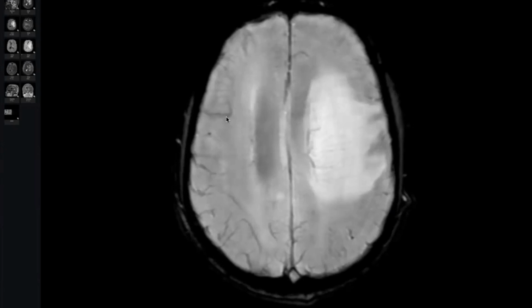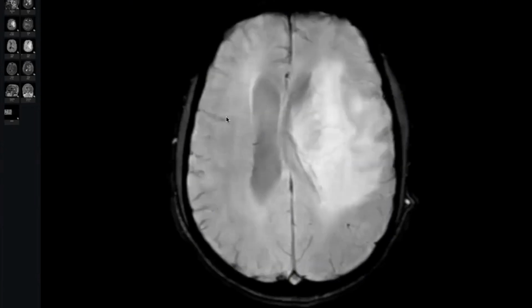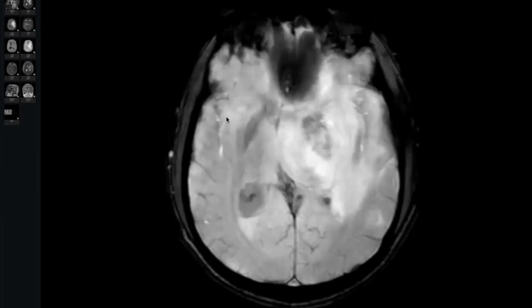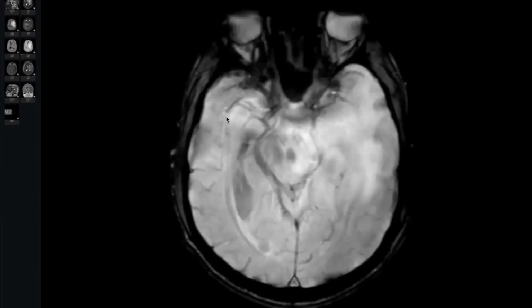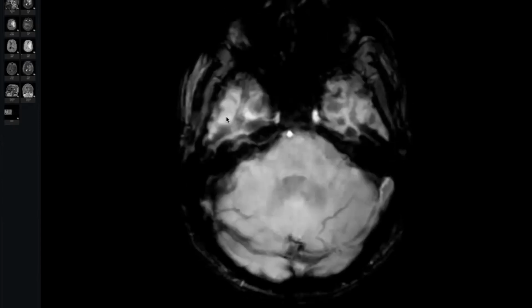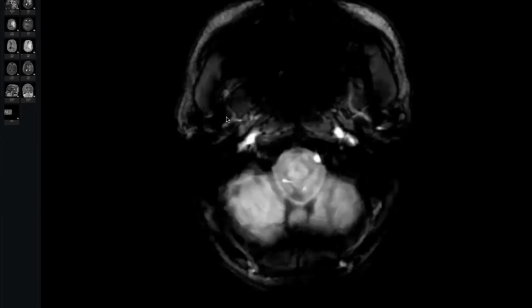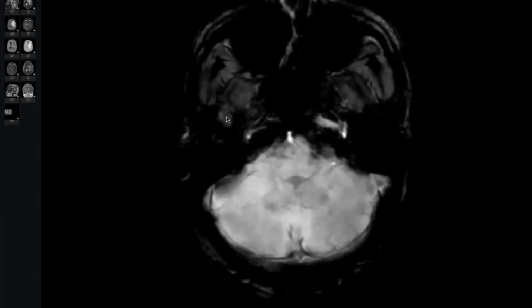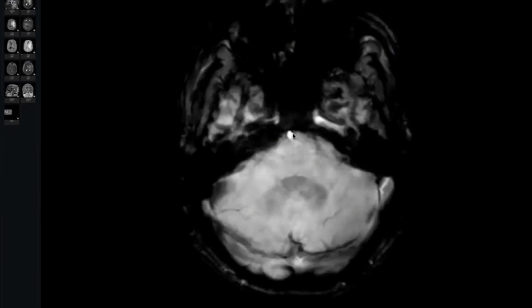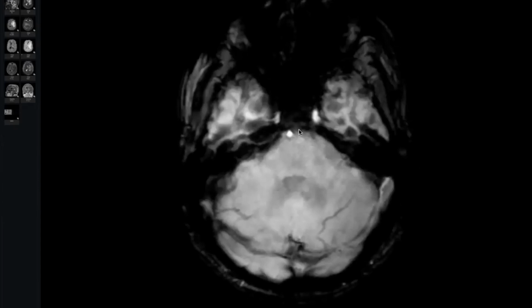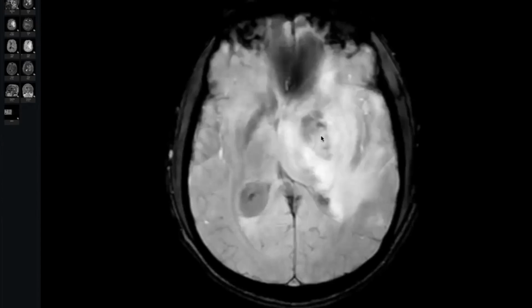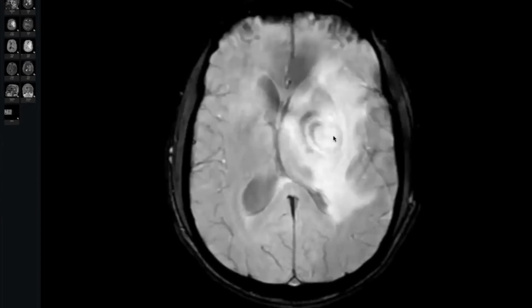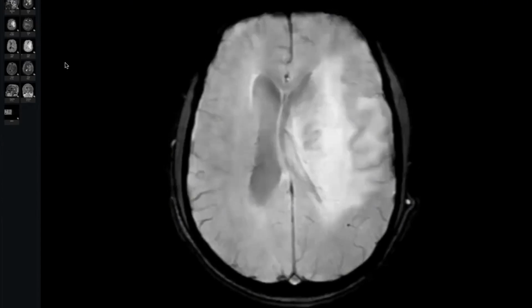But historically, SWI was and still is used for venography. The arteries do not cause this susceptibility artifact. Anyway, I will show you the diffusion.